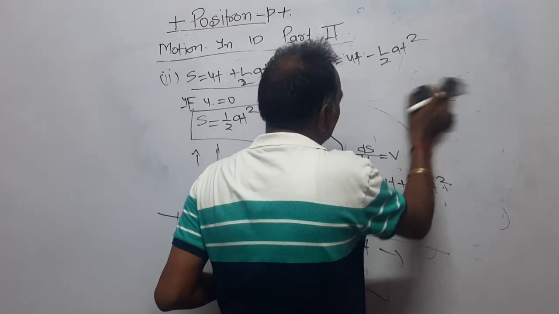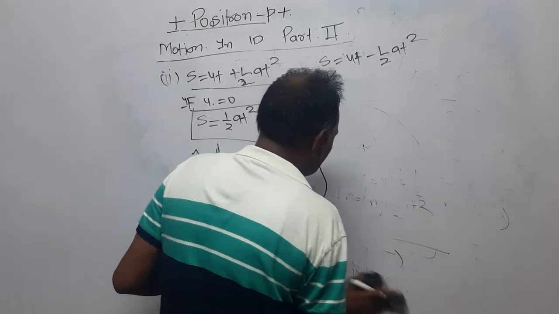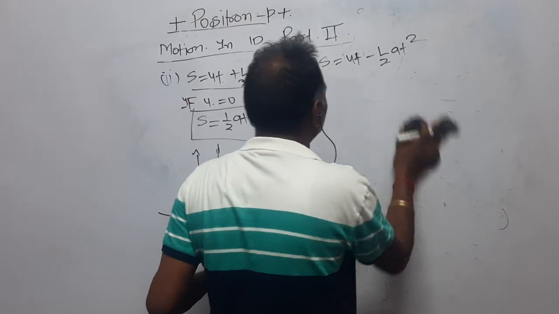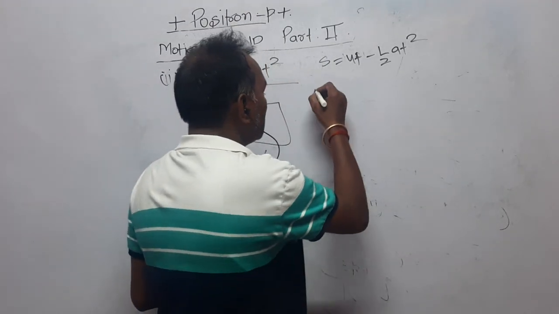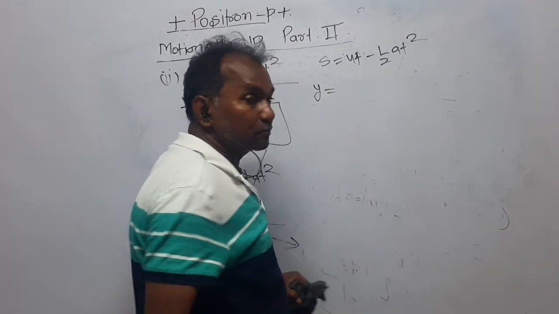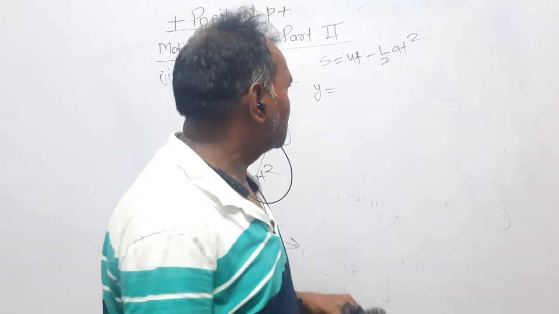I'm not going deep, but I'm telling you a very nice trick to solve this kind of problem. Dear student, the parabola has a projectile equation you will study in the next chapter, I think.